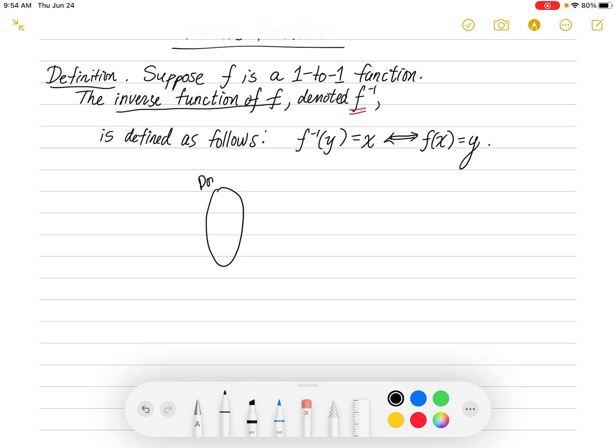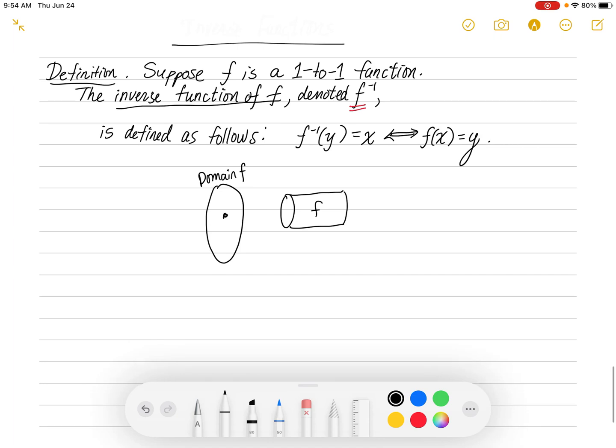So what is that saying exactly? The idea is you have this function that's one-to-one. Back here we have the domain of f, and our function is like a machine where we take x and plug that into the machine.